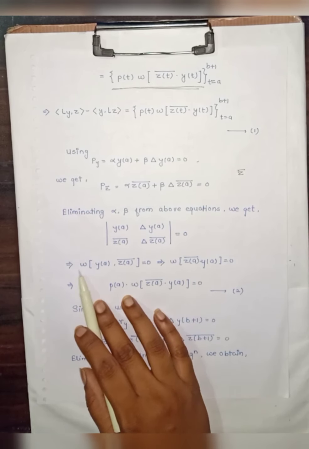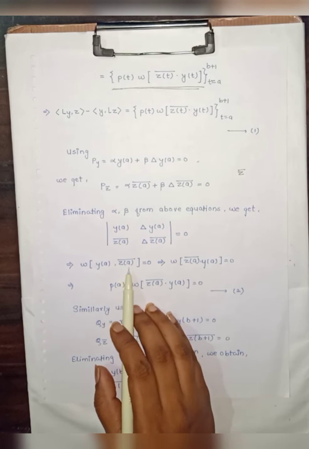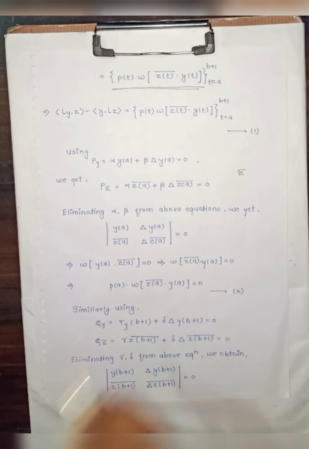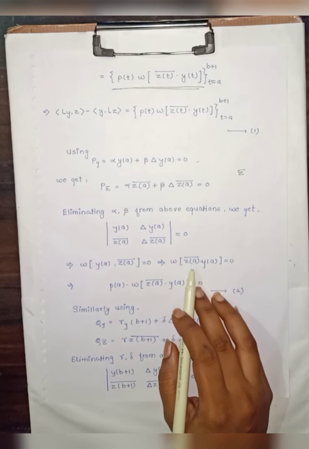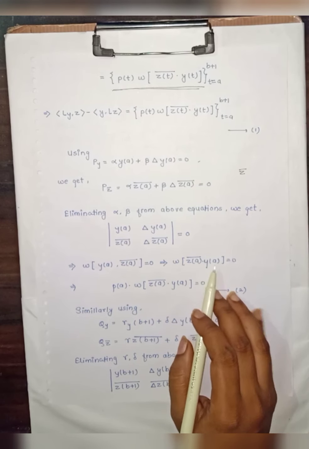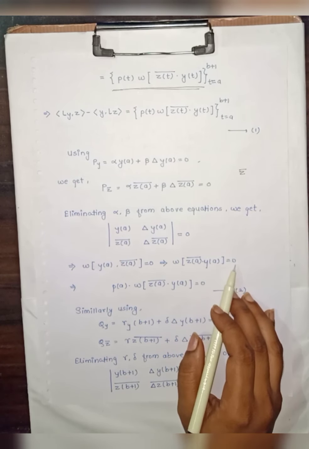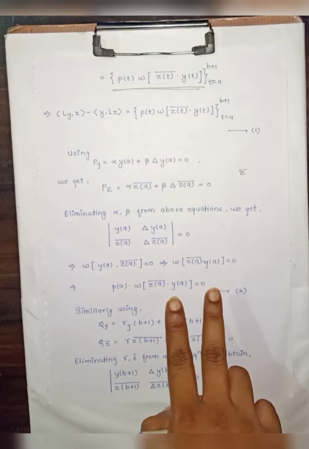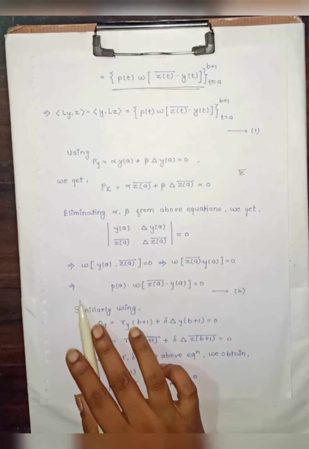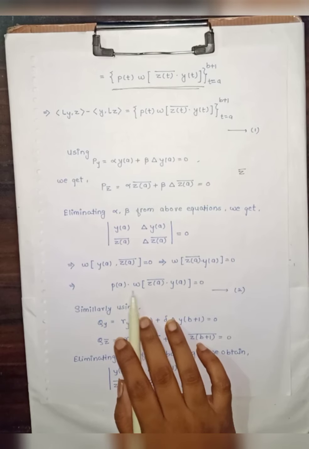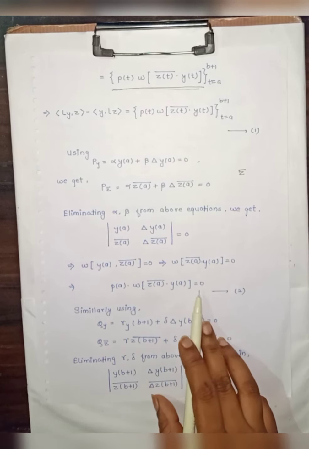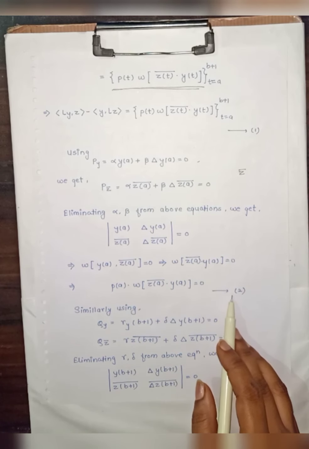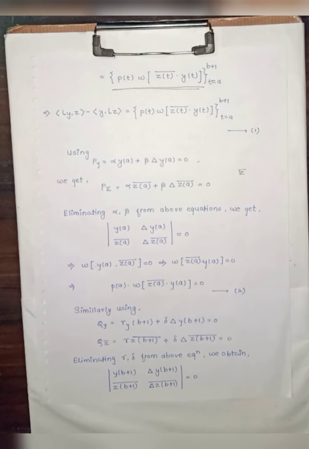That is the Cartesian of y of a and z of a conjugate equals 0, implying omega of z of a conjugate into y of a equals 0. Therefore, p of a into omega of z of a conjugate into y of a equals 0, and this is equation number 2.